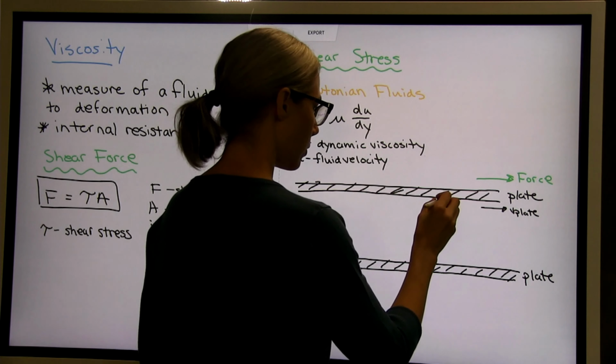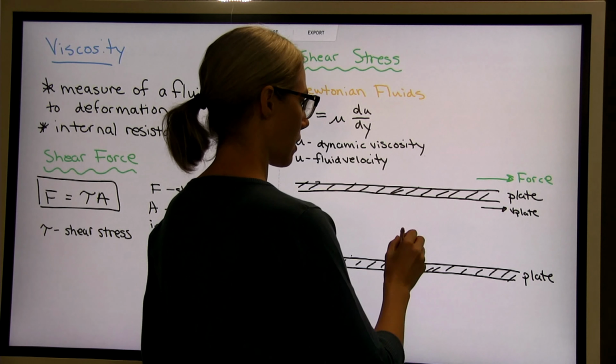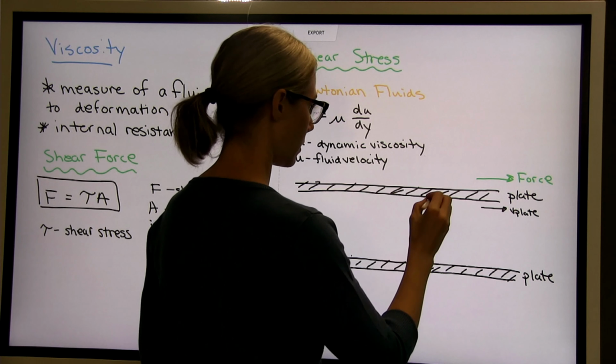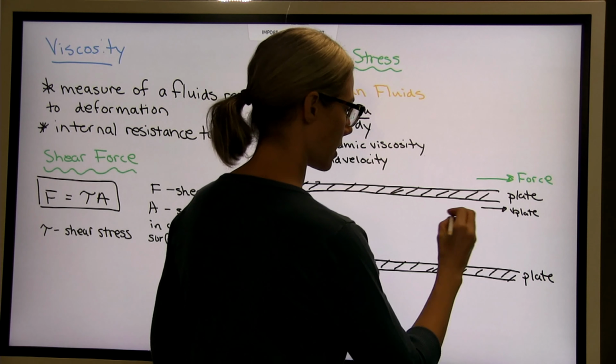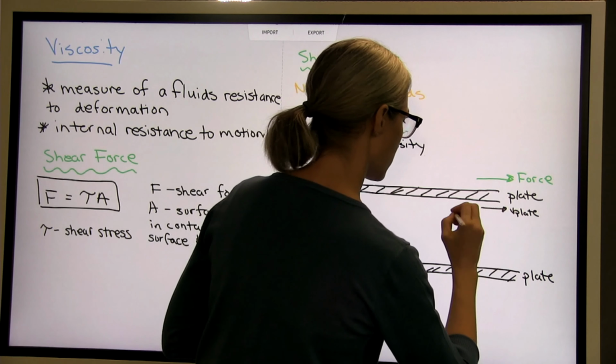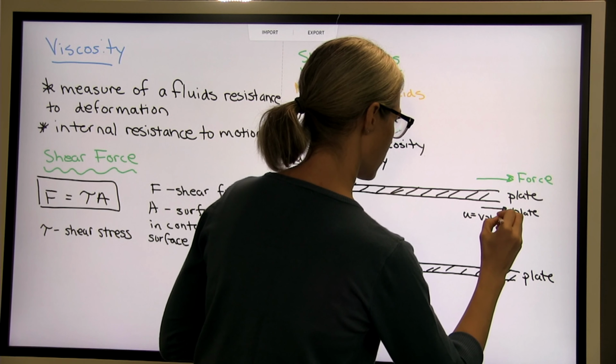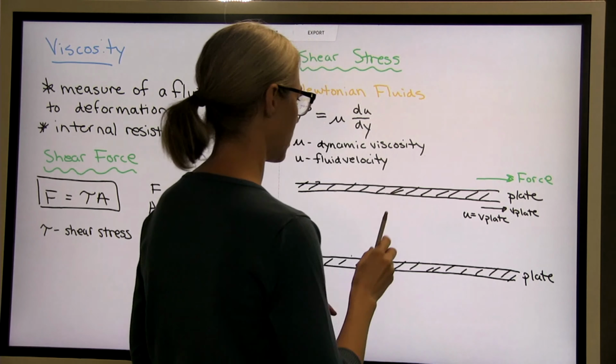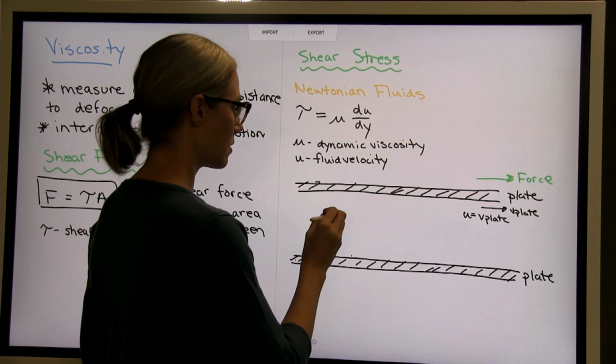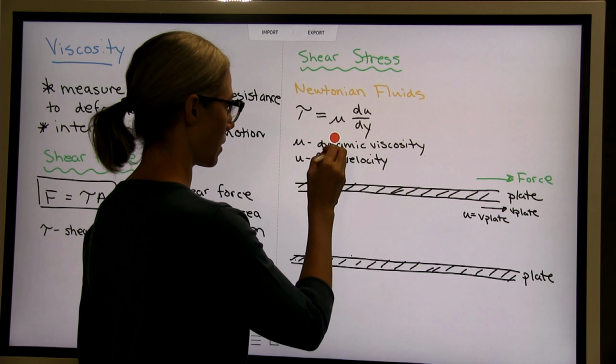The fluid velocity at this top plate is equal to the velocity of the plate. So we know that u at the top plate, where the fluid interfaces with the plate, is equal to the velocity of the plate.